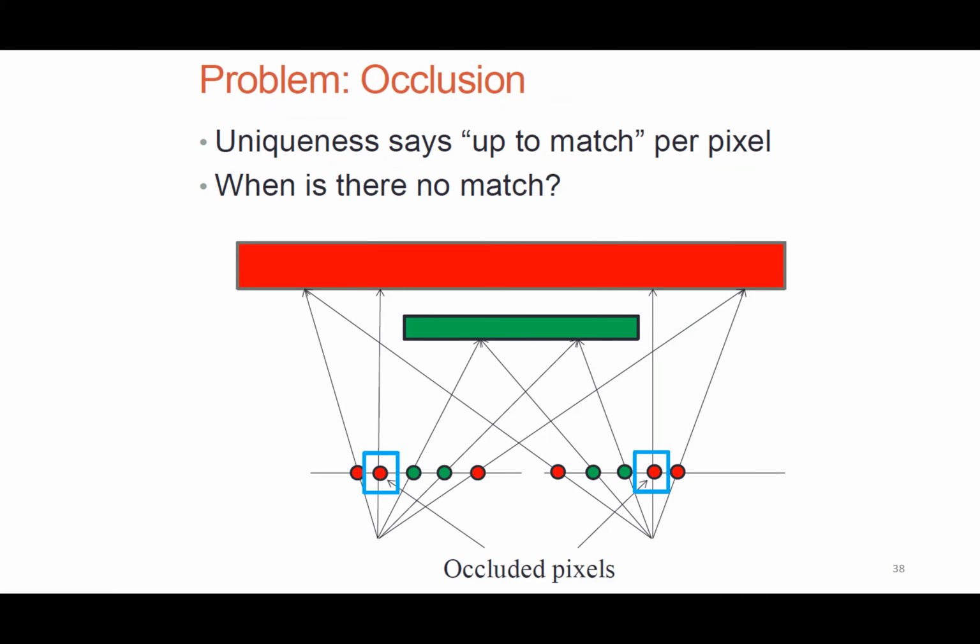Suppose you have a scene like this. Again, visualize those blocks as coming out from your screen. This is the optical center for your first camera, and it is able to access a point here from this camera.